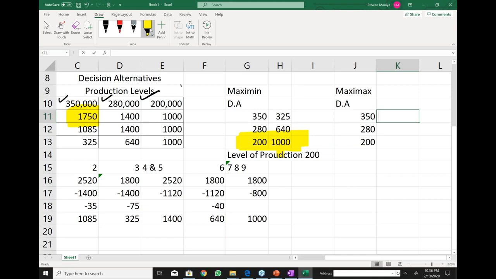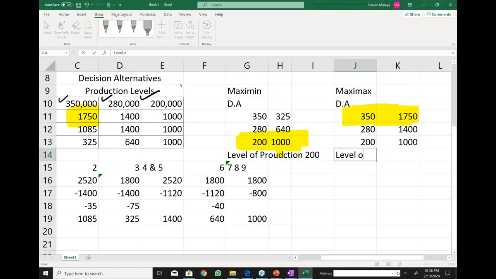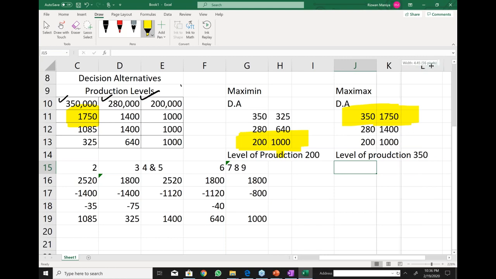So 1750, 1400, 1000. Now let's do the selection from the list of maximums. From the list of maximums, select the maximum one, and this means the level of production will be 350. Agreed? Okay, so we are done with this one as well.